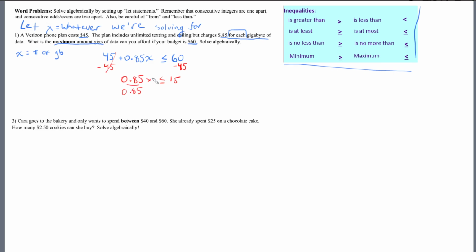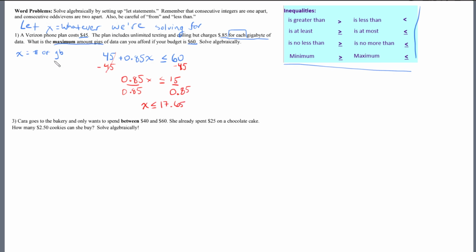This is just 0.85 times x. We would cancel it out like we would cancel out any other number times x. We would divide. And when we divide, we get x is less than or equal to, I believe, 17.65.